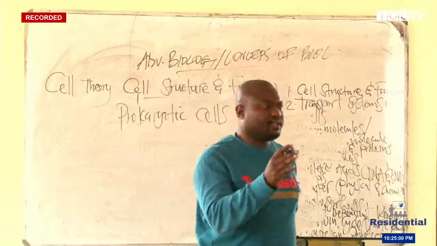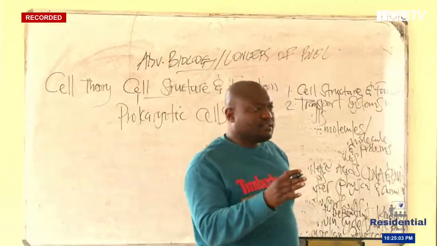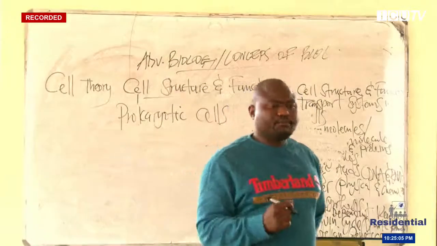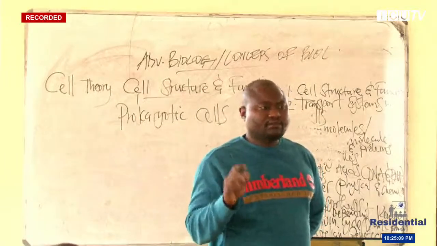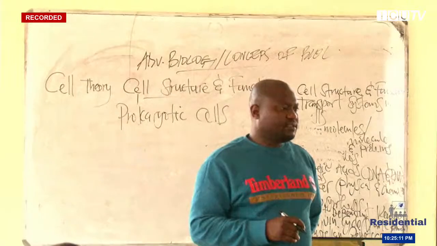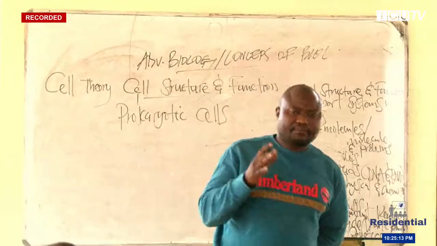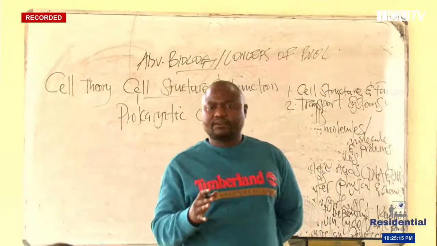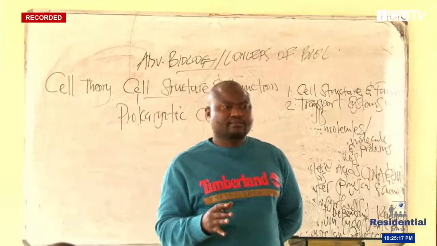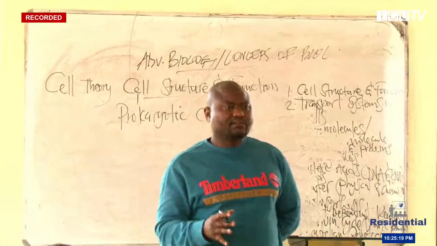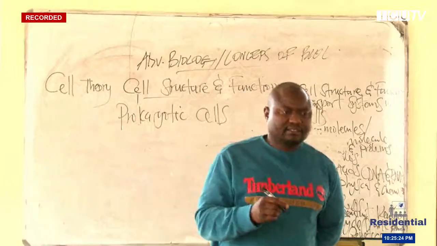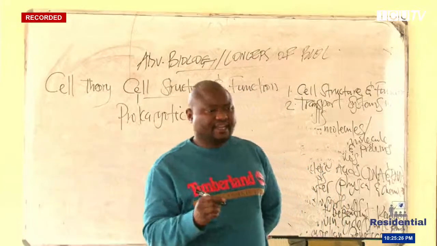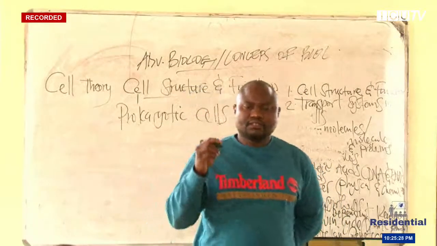When I use the term organelles, what I mean is cell component. Cell component, cell organelle, that is the same language. So I'll repeat. The prokaryotic cell is a single unicellular cell that lacks a nucleus as well as other membrane-bound organelles.